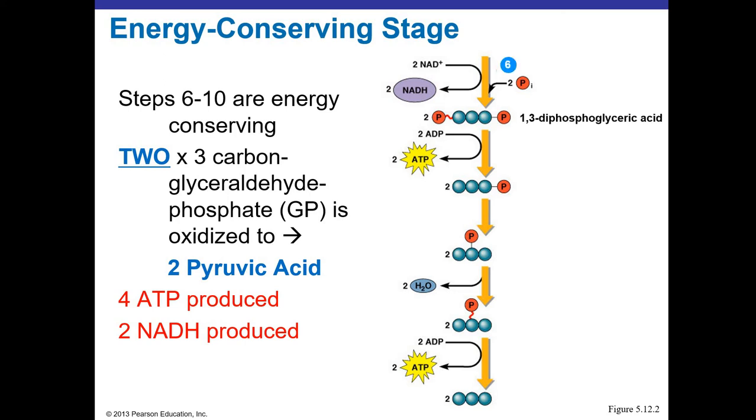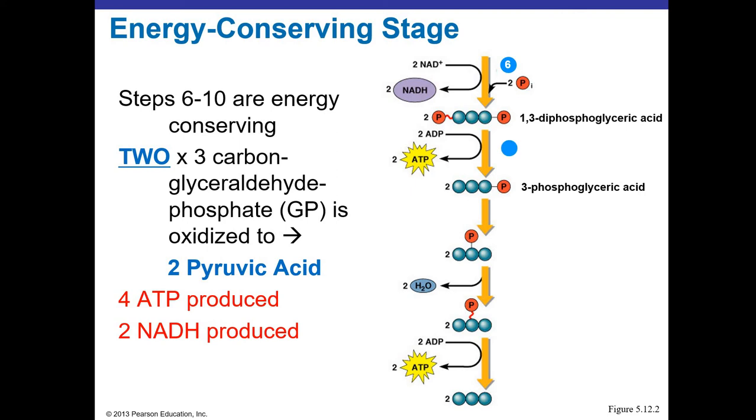So the first thing that happens, we generate a little bit of potential energy in the form of NADH. We also see an input of inorganic phosphate that is going to make another unstable phosphate bond, giving us 1,3-diphosphoglyceric acid. This is a very unstable bond, and so we produce rather quickly 2 ATP.